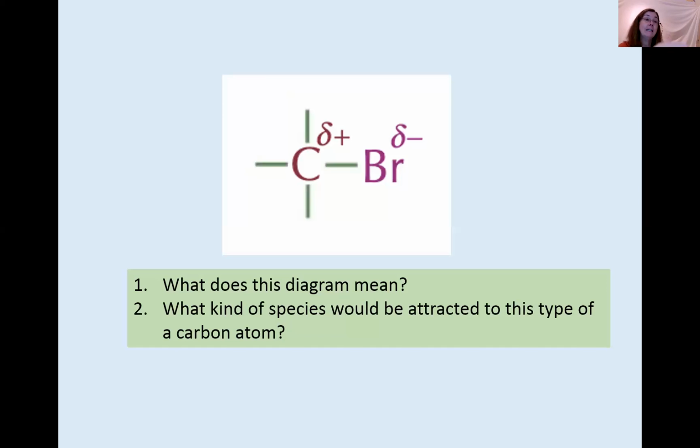So it doesn't see its electron in the same way. So it becomes slightly positively charged, delta plus. So we call it delta positive and delta negative is how we say that.